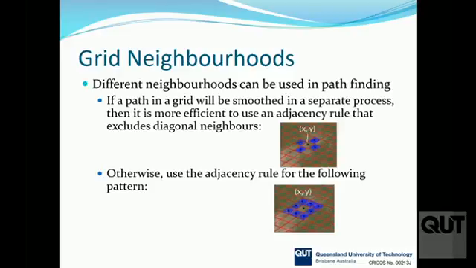If we had 8 to the power of 0, 8 to the power of 1, 8 to the power of 2, all right? 8 to the power of n will be something much, much bigger than 4 to the power of n. So decisions like this become very important when doing pathfinding. Well, actually doing any kind of searching in AI. The complexity of the problem has to be well considered.